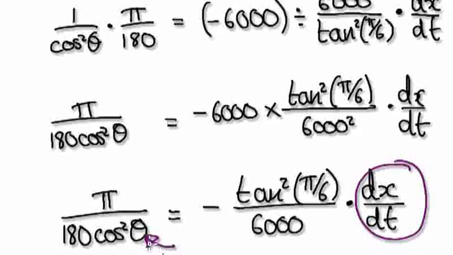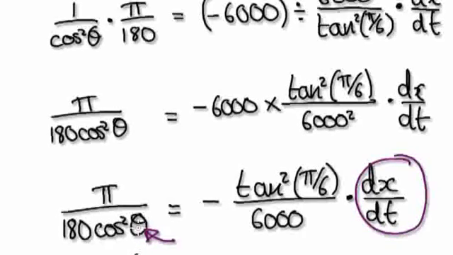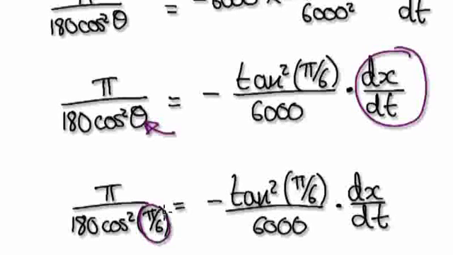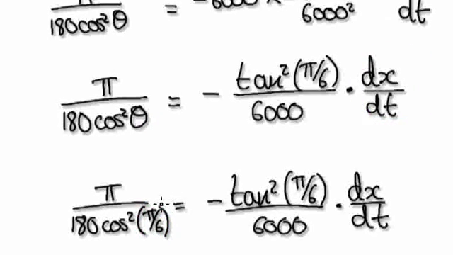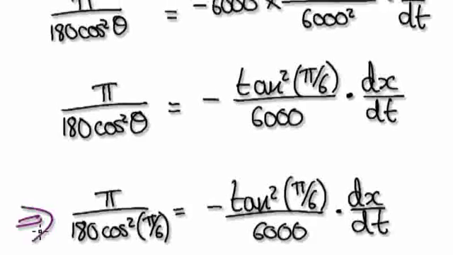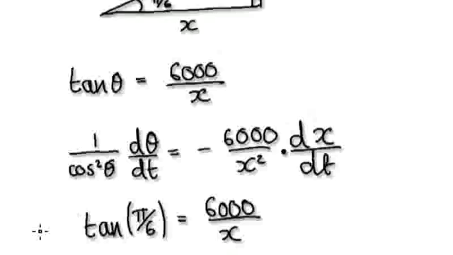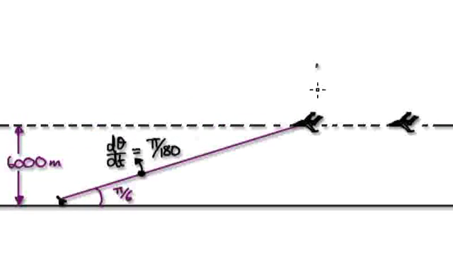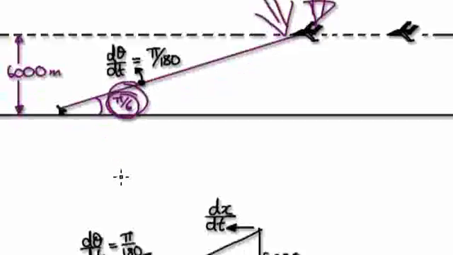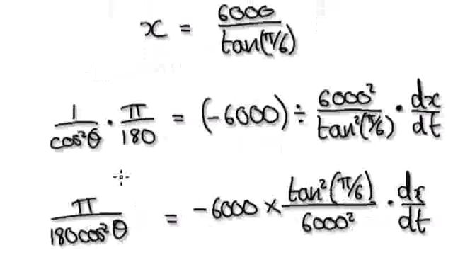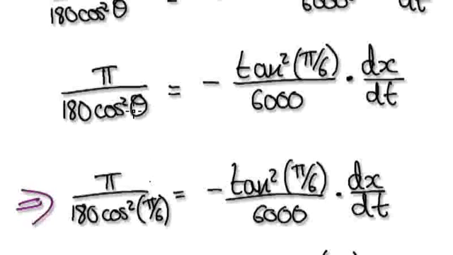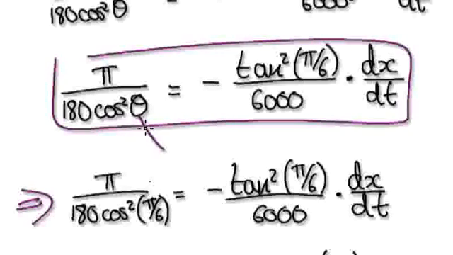We also need to know theta at that precise moment in time. Well, theta at that precise moment in time is pi over 6. So back to here: when we were here, we need to know theta at that precise moment, and theta will be pi over 6.